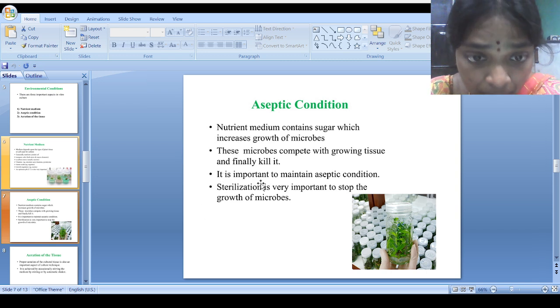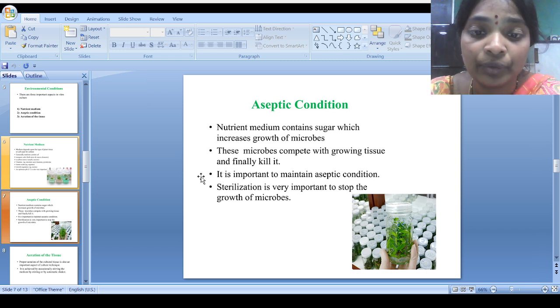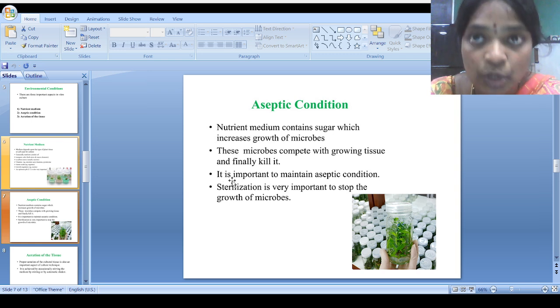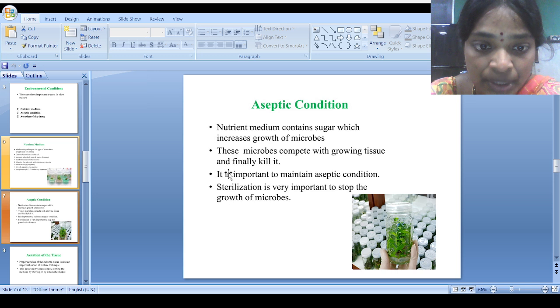Next, we have to take care of the temperature as well as the photoperiodism, the light. We have to give 16 hours of light and the remaining 8 hours of dark incubation. Next, we have to maintain the temperature at 25 degrees plus or minus 2, sometimes 23 to 27, not more than that.